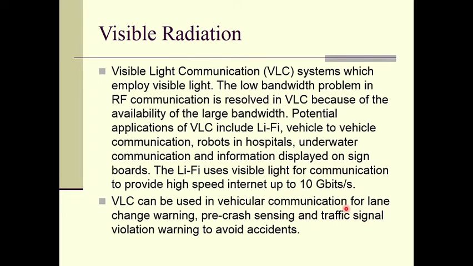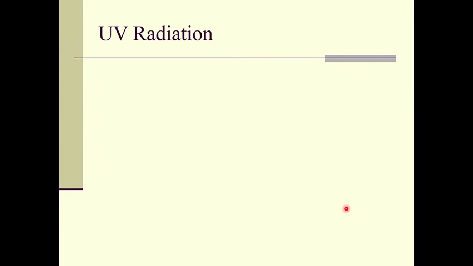VLCs can be used in vehicular communication for lane change warnings, pre-crash sensing, and traffic signal violation warnings to avoid accidents, right? So let us move to the next radiation, that is UV radiation.